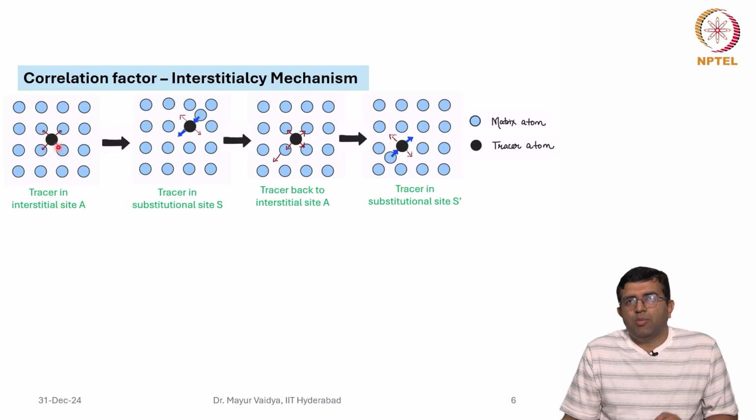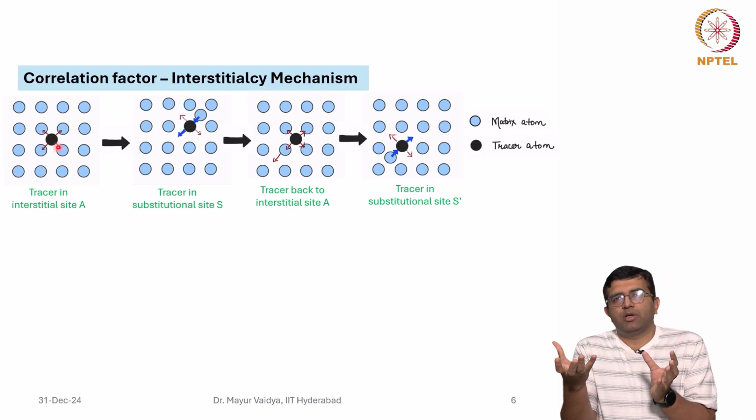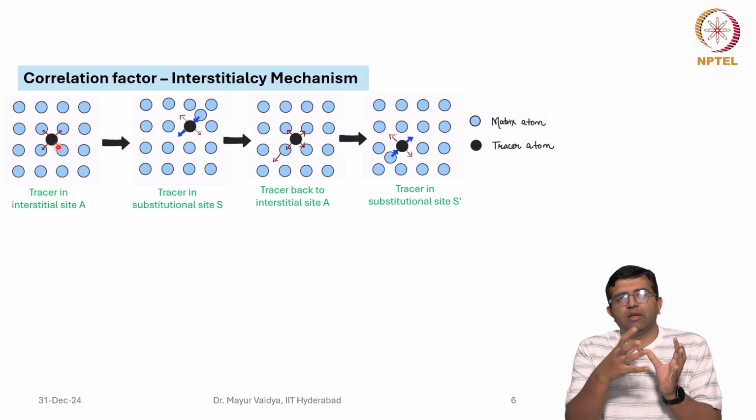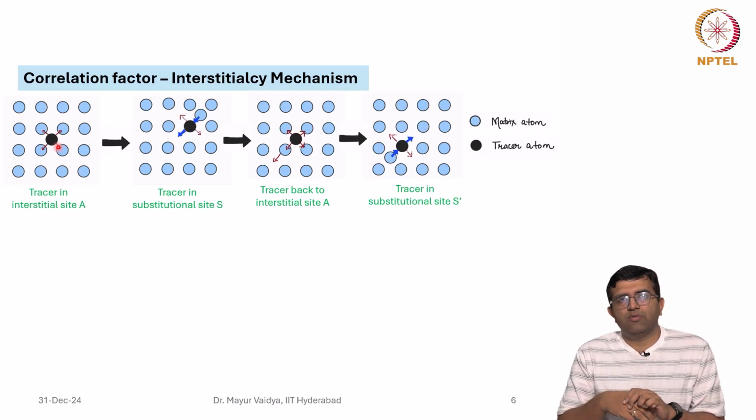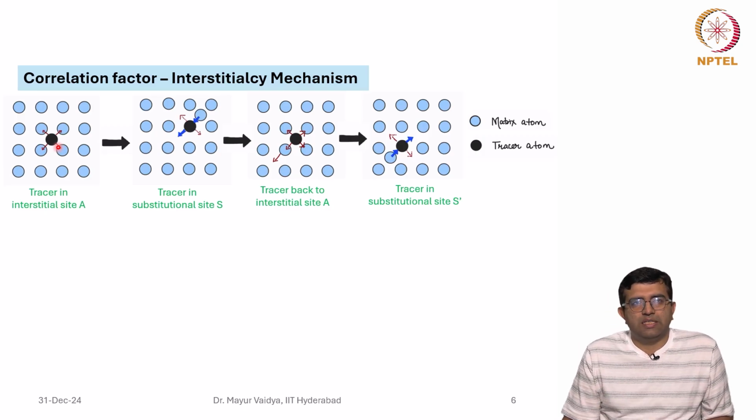Remember, it can also be illustrated for self diffusion, but it is very effectively shown when we take a tracer example. So, in the tracer example here, let us say the tracer occupies an interstitial site. Now, equal probability exists that it can exchange position with any of these substitutional atoms, because here there is no preference, it can go in any direction.